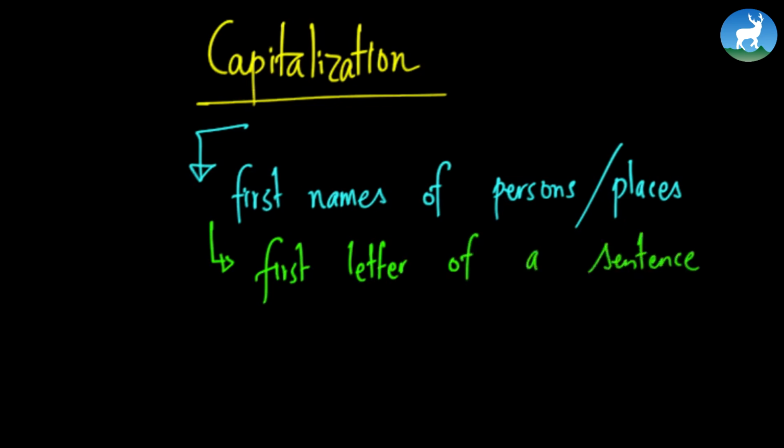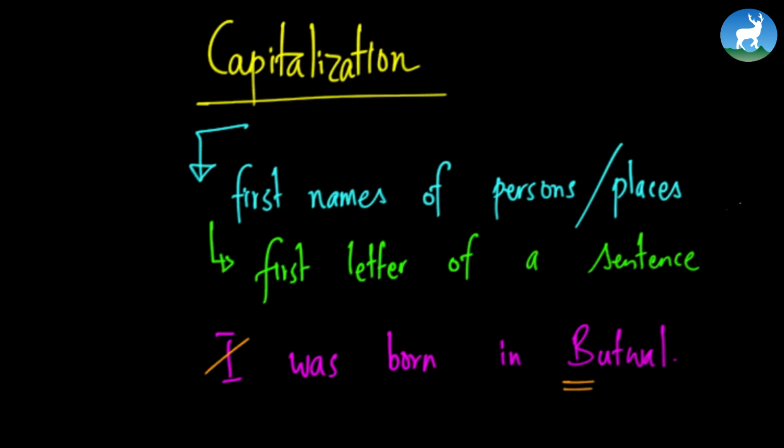For example, if I write, I was born in Butwal. Now, Butwal is the name of the place, so I have to capitalize the B, the beginning letter of the word. Or if I write, Ramesh was born in Butwal, then I have to capitalize the letter R because it is the first letter of the name of the person.